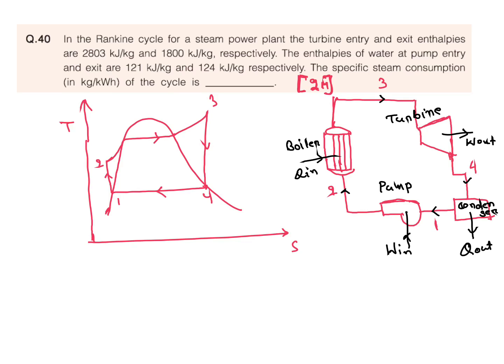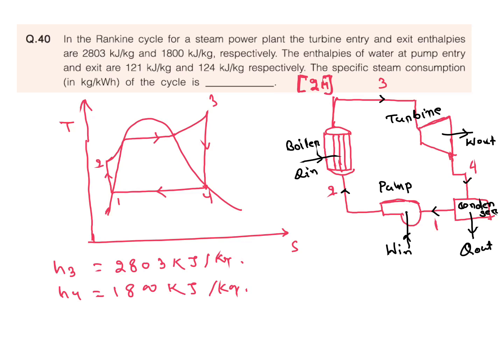So in this question, the turbine entry and exit enthalpies are given. Turbine entry, H3, is 2803 kilojoule per kg, H4 is 1800 kilojoule per kg.